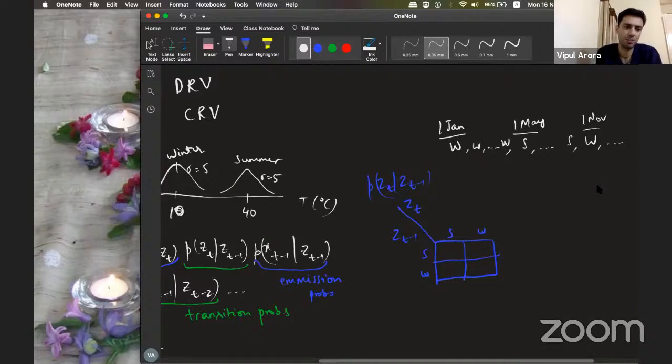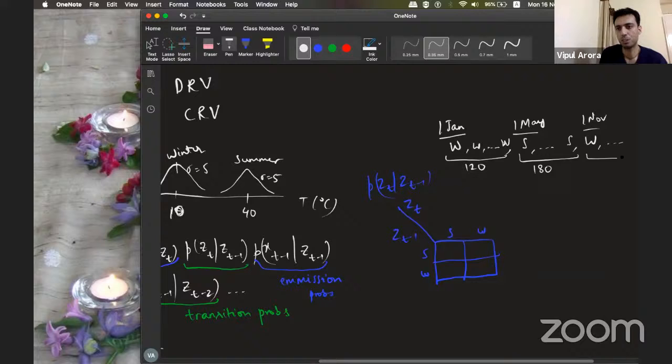Okay, let's find out how many days there are from 1st of Jan to 1st of May. January, February, March, April: 4 months, right? Let's say 4 into 30, 120 days. Then May to November: May, June, July, August, September, October, November, so 6 months, 6 into 30, 180 days approximately.